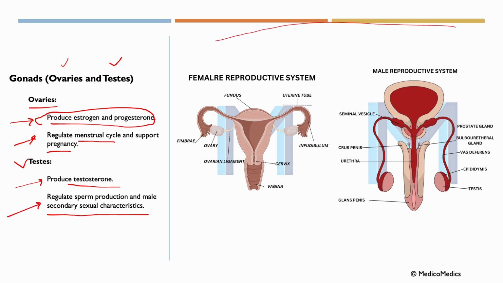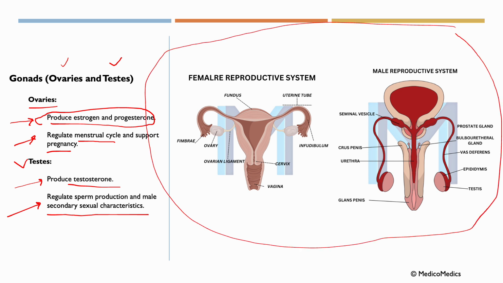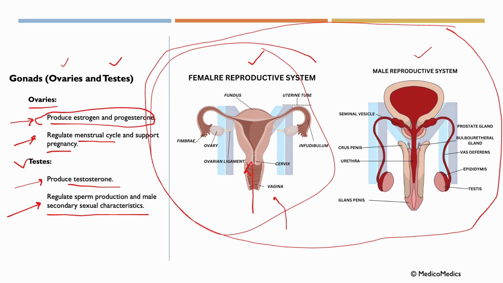So here you have two anatomical illustrations, one of the female reproductive system and one of the male reproductive system. In the female, we find here the most common things that you do need to know in an initial anatomy course. So we have the entrance here via the vagina, we have the cervix here.